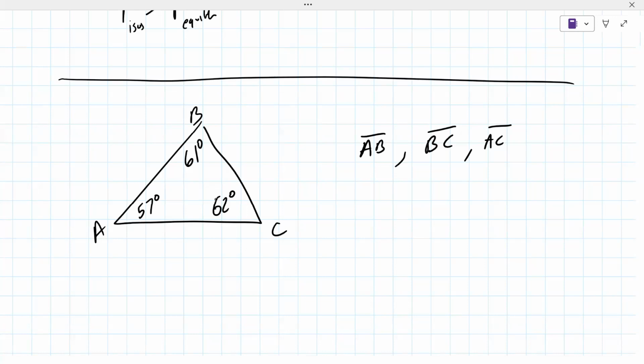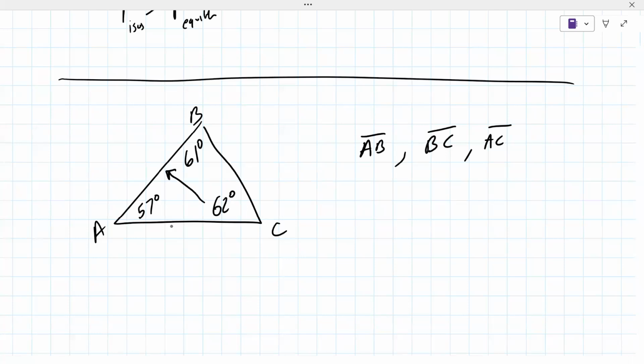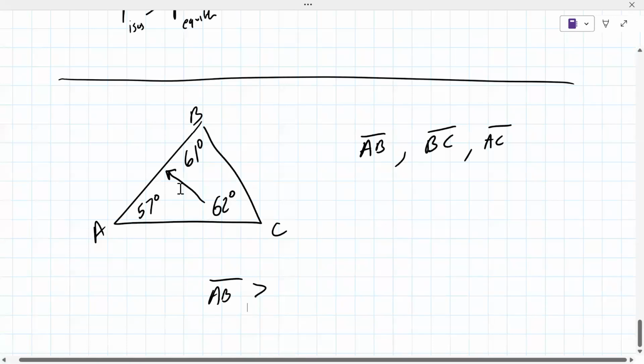So now which is the biggest angle? 62. So which is the biggest side, which is the one across from it? So which side is the biggest? BC. No. Oh, right, AB. Okay, so AB is the biggest, and then what's the next biggest?